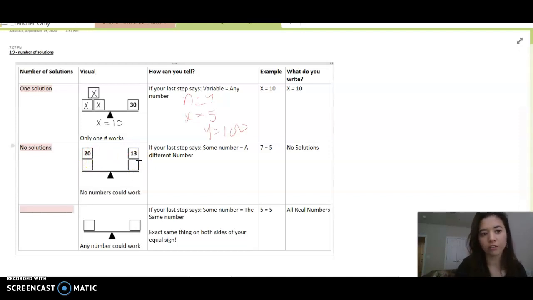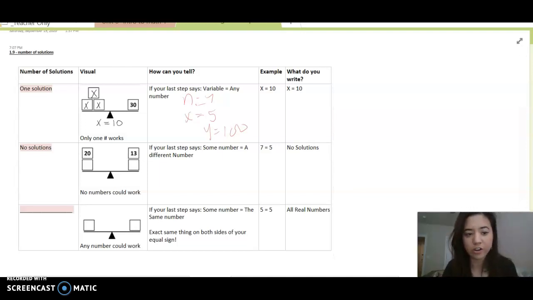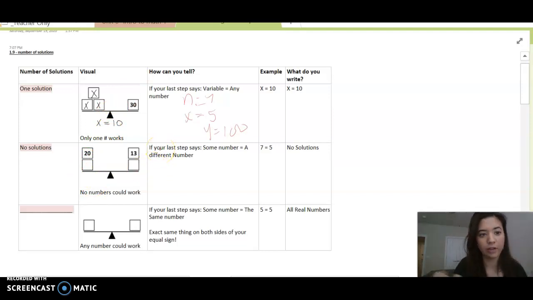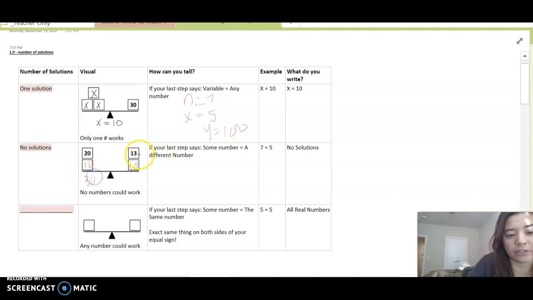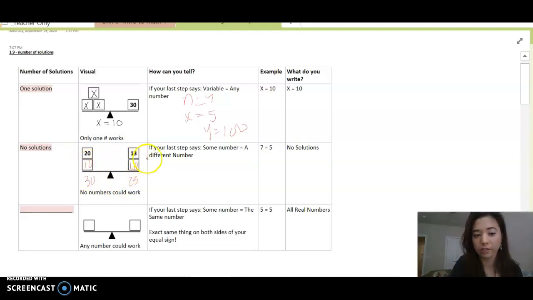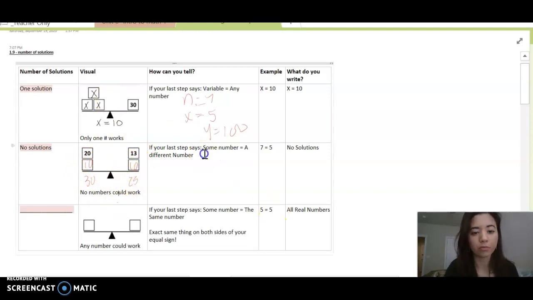And hopefully you're like, no, there is no number here that we could put where both boxes would be the same, where our scale would even out. If we did 10 and 10, this would be 30 total on this side, only 23 on this side. And that's always going to happen, no matter what, with these two boxes being the same number. No number you can add will make these equal.